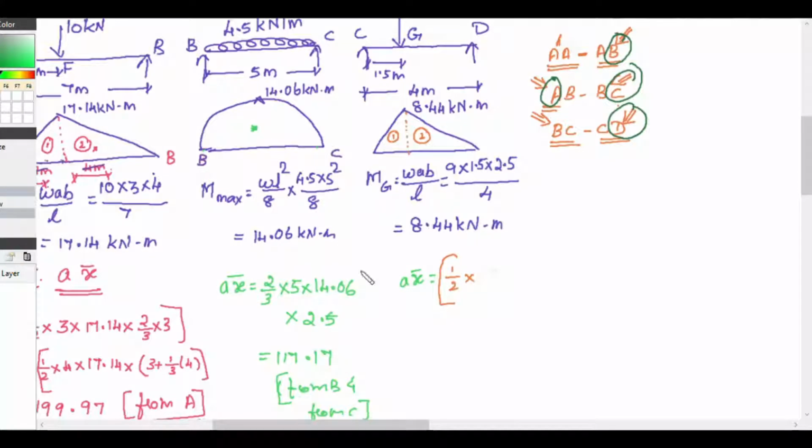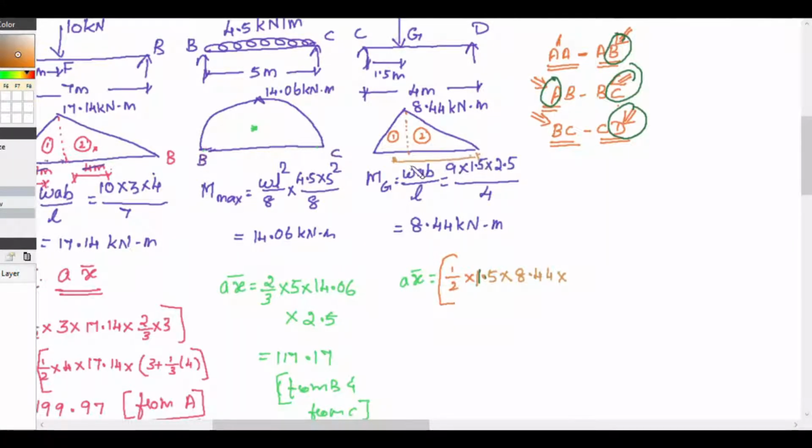So it is half into, here the base is 1.5, into the height is 8.44, into this distance from this to this.